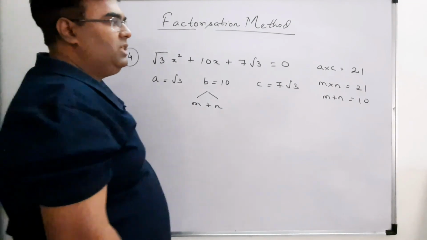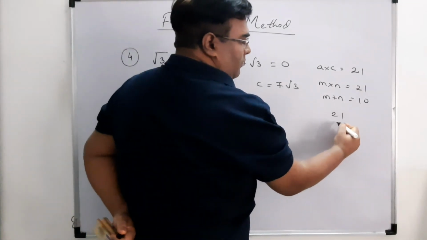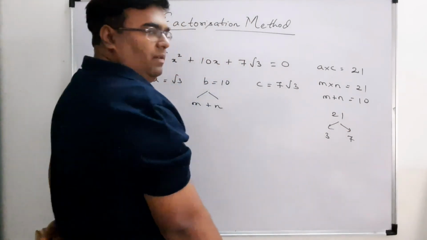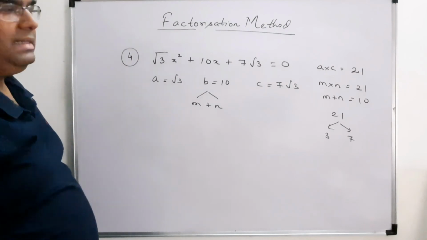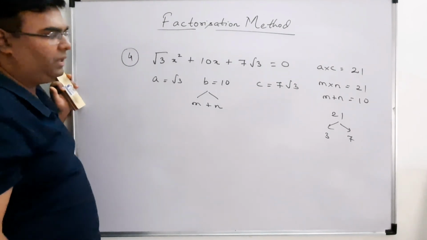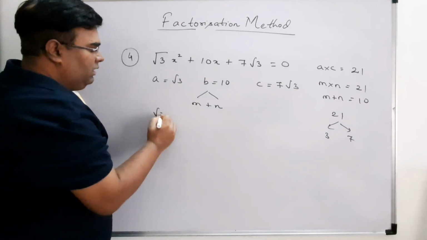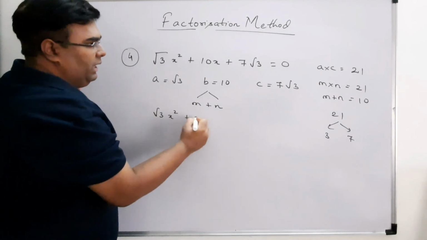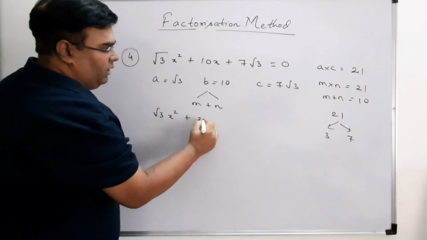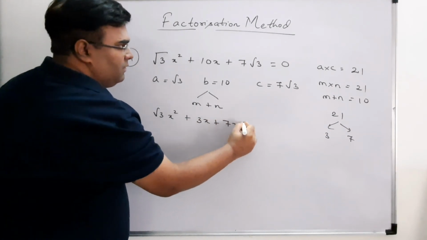So if you factorize 21, you can get 3 and 7, and if you simply add 7 and 3, you will get 10. So there is no surprise here. The only thing will be taking common. Just write 3x plus 7x plus.